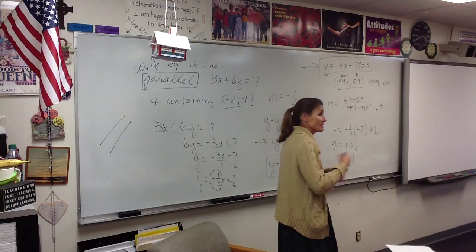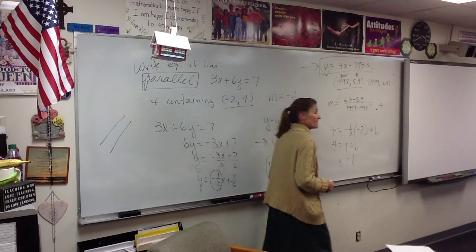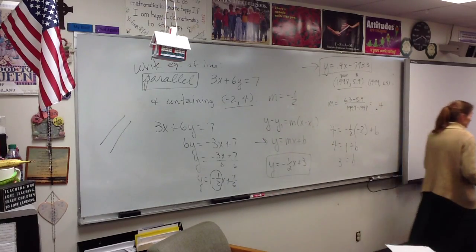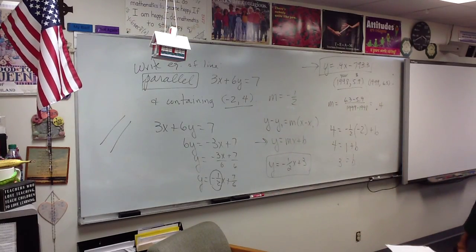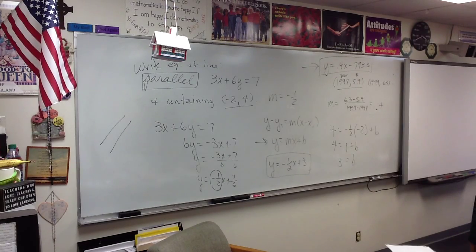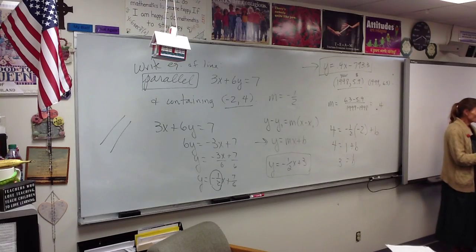Turn it over and make it negative. Whatever the slope is that you got for part A, flip it over and make it negative for part B. All right, so everybody understand what might happen tomorrow?